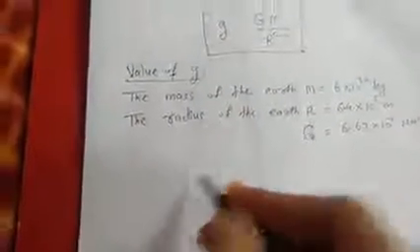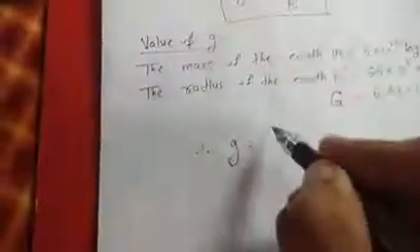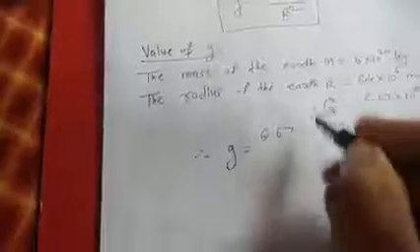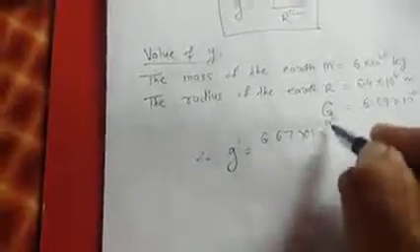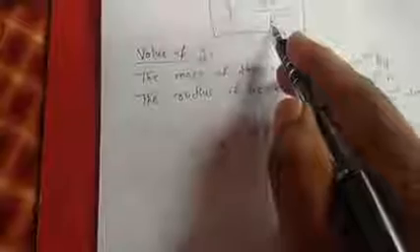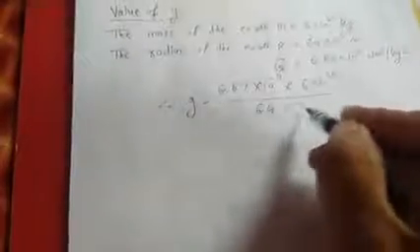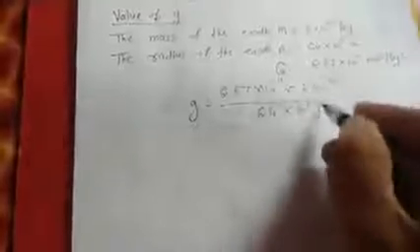So we have g is equal to 6.67 into 10 raised to minus 11 into the value of capital M, 6 into 10 raised to 24, upon the value of capital R, 6.4 into 10 raised to 6, bracket square.